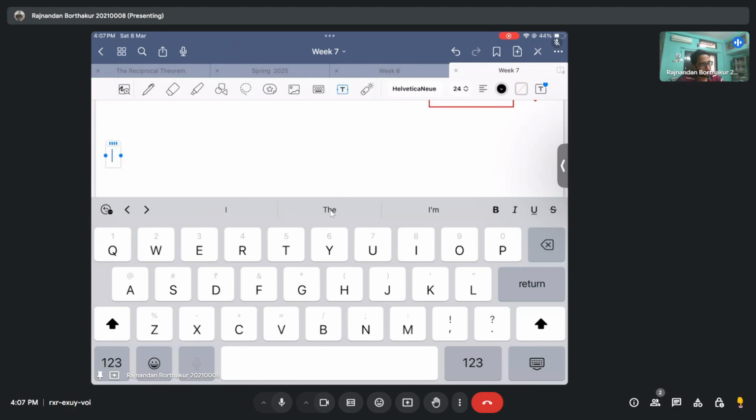So this is from the book of L. Gary Leal. The name of the book is Advanced Transport Phenomena.